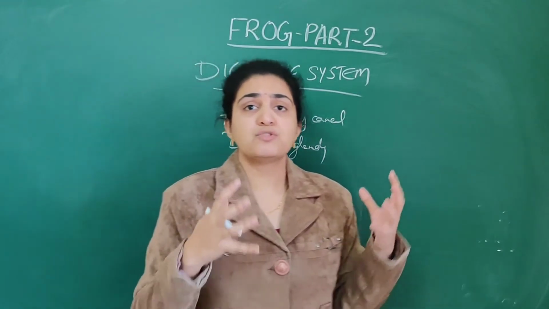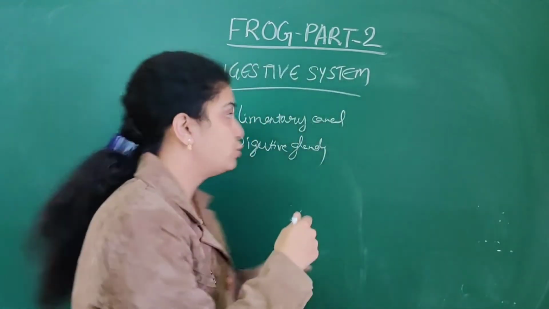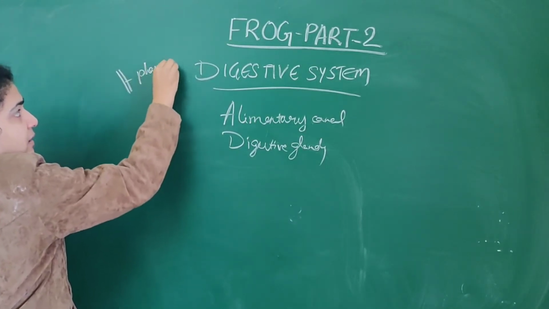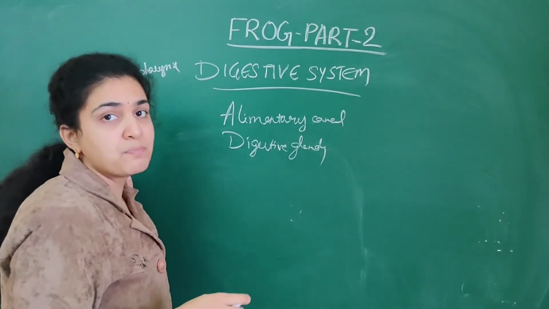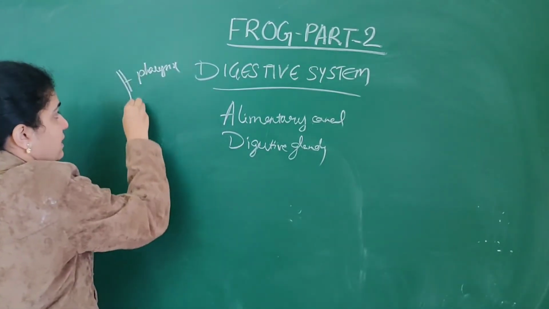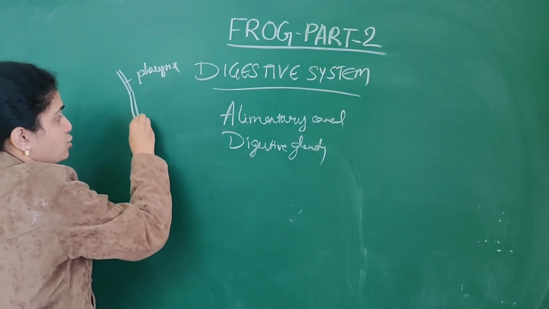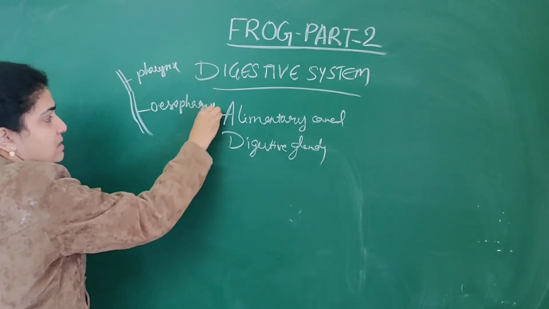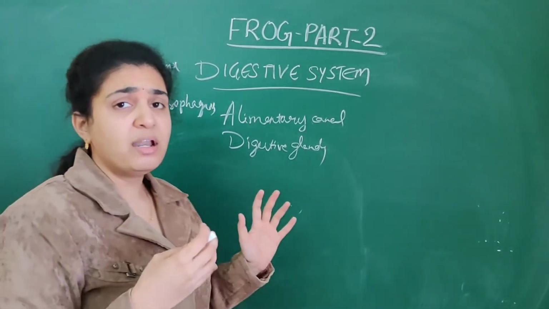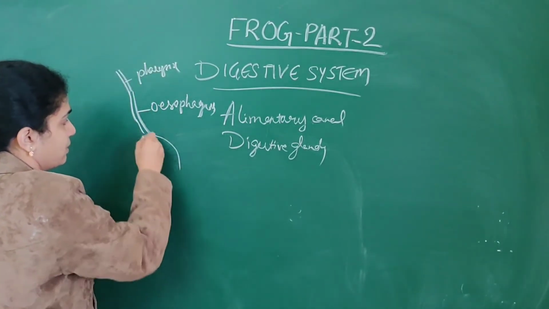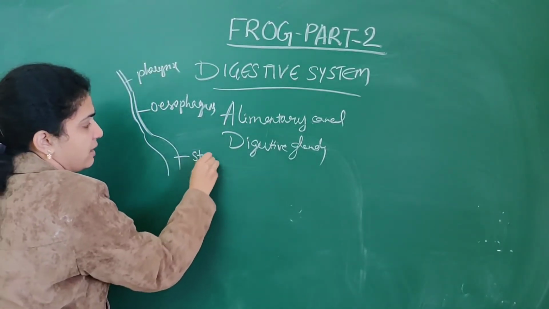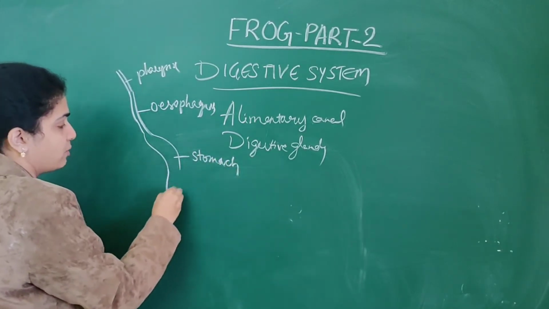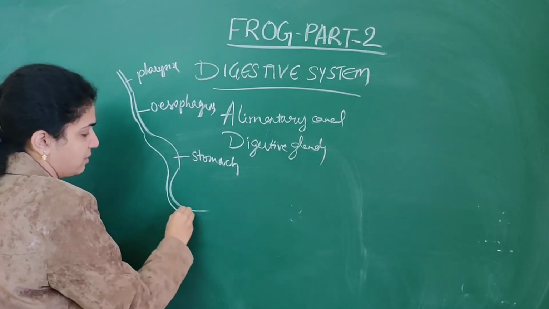Like us, first food enters from the mouth to the pharynx. Then through the pharynx the food is passed into the esophagus, a thin long tube. From the esophagus the food enters into the stomach. From the stomach again the food enters into the intestine.